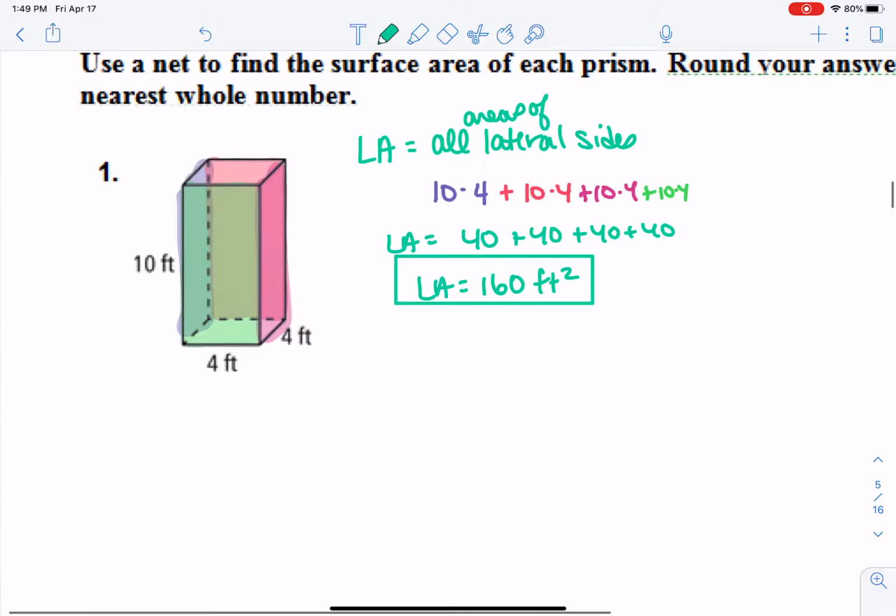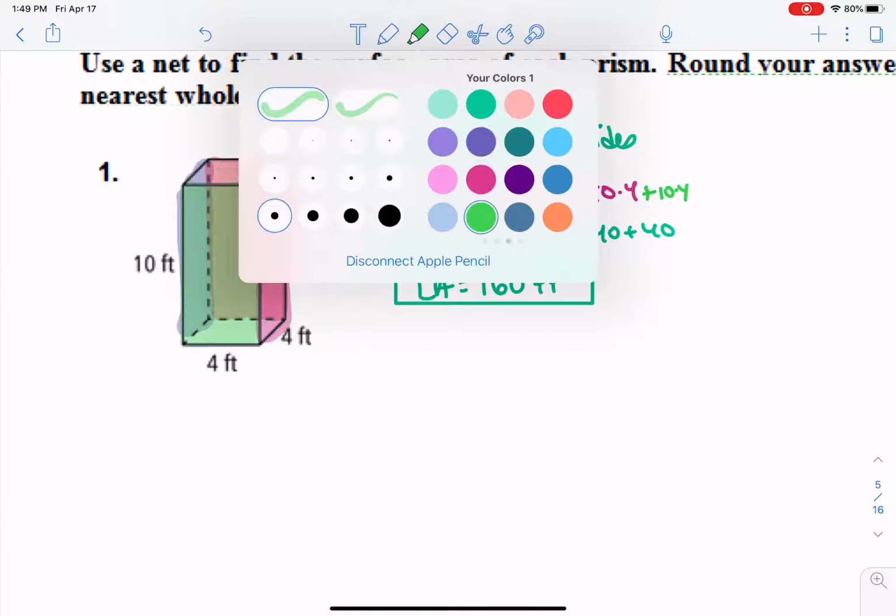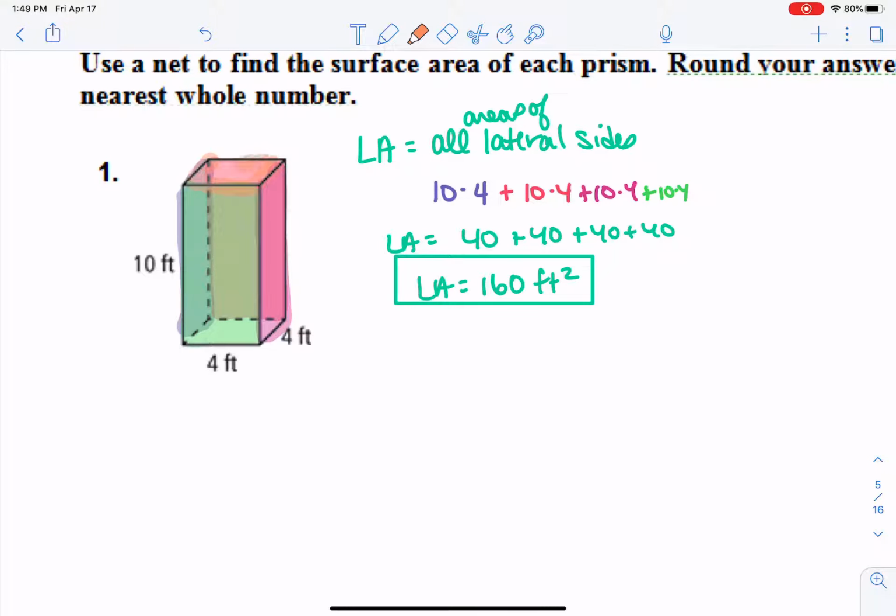Let's go ahead and add the top and the bottom for the surface area. So that's this square in orange. I'll just do them both in orange since they're the same. So surface area is just the lateral area plus the area of the bases, which are exactly the same.